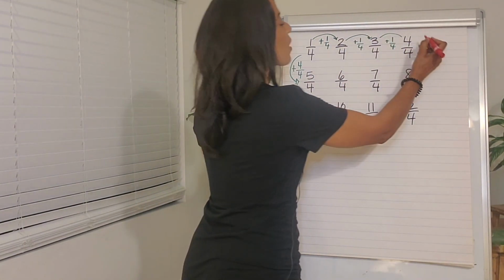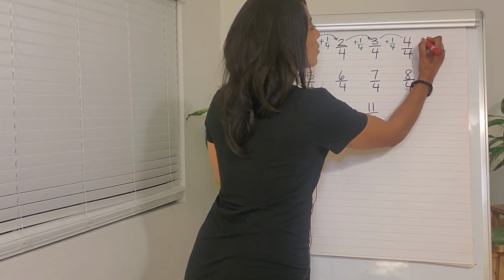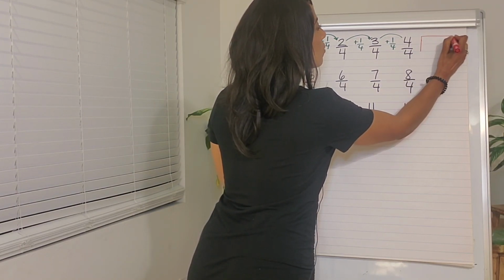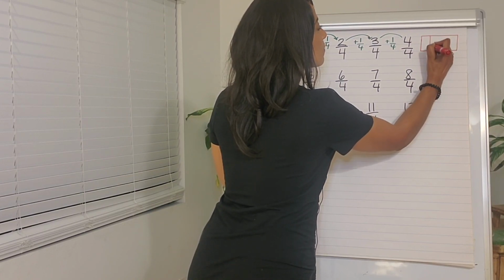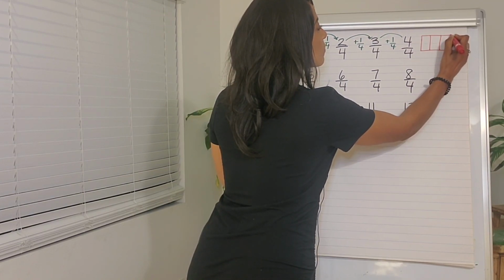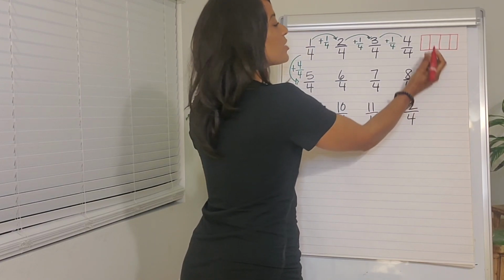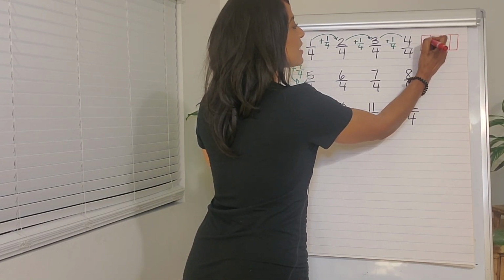So I will always create a model of 4ths just over to the side. Right? And so each of these pieces is 1/4.